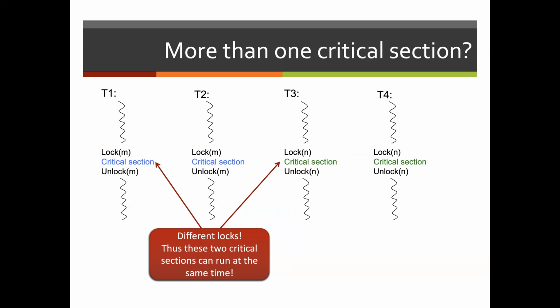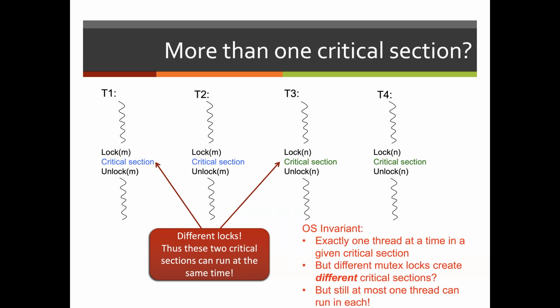And so what this means is that we're able to have those threads execute at the same time. And so this OS invariant, we have exactly one thread at a time in a given critical section, but different mutex locks create different critical sections. But still at most, one thread can run in each lock.